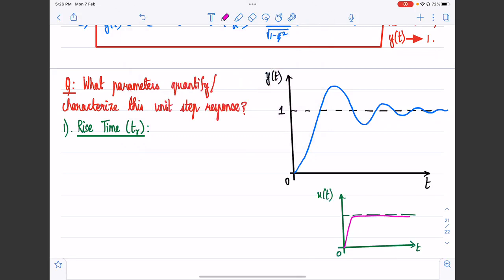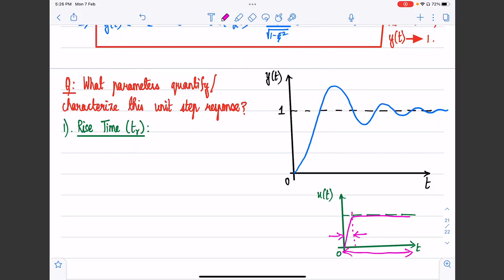Then the question is how much is this time interval compared to the time scale of the response of my system.